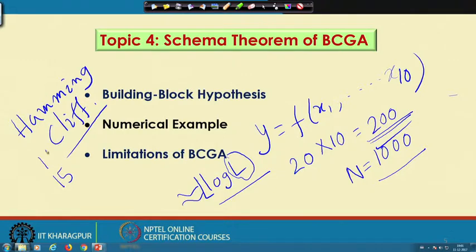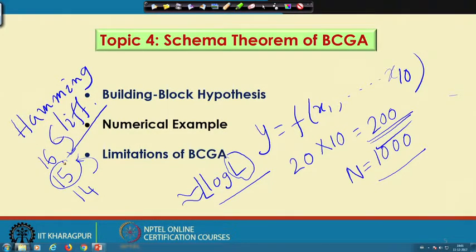For example, let me take a very simple example: 15 to 16, or if we want to go from 15 to 14, the number of changes to be incorporated in the binary representation is not exactly the same. So, I will have to go for a different number of changes if I want to move from a particular number to the previous number or to the next number.